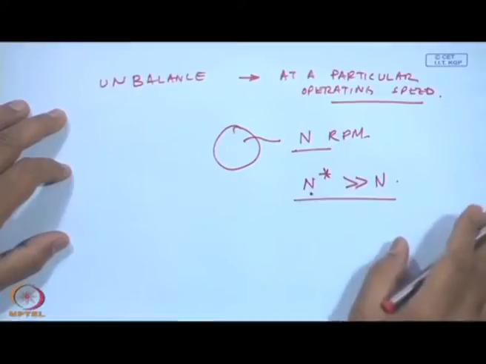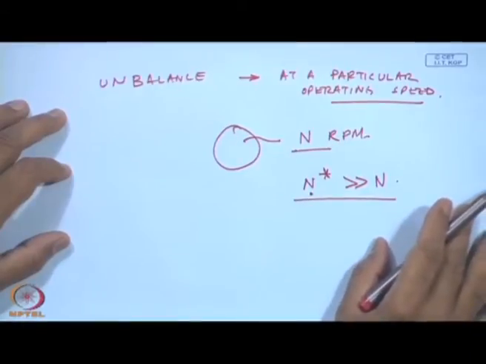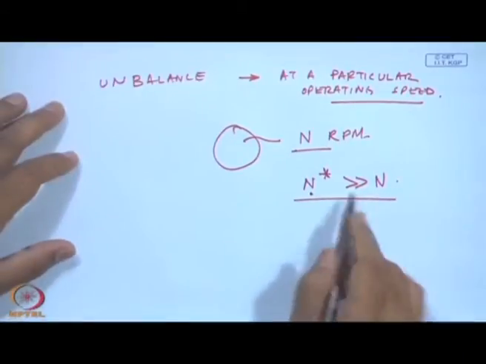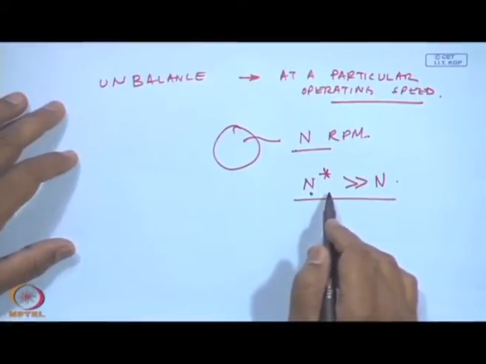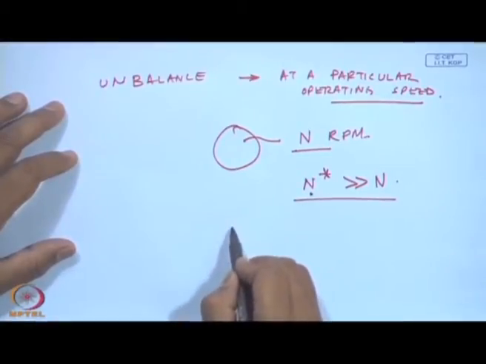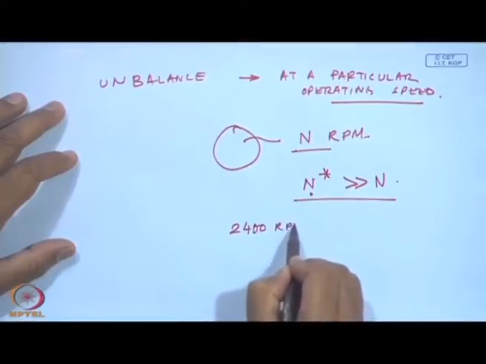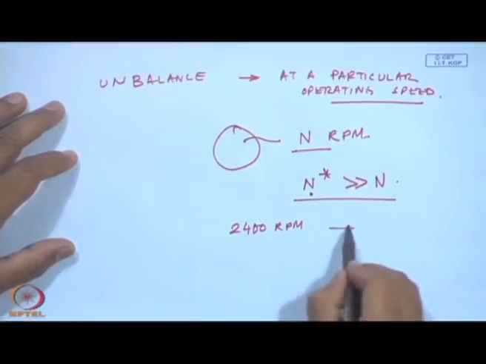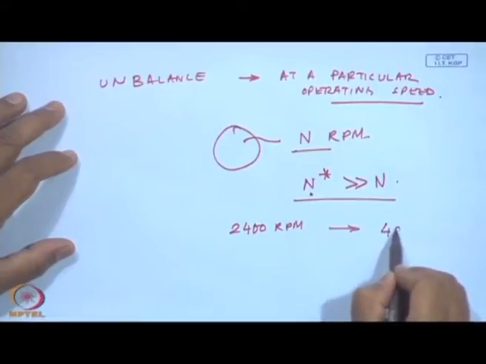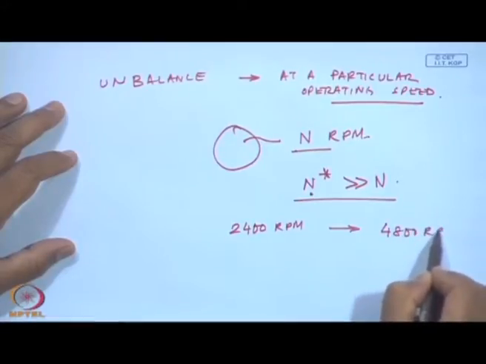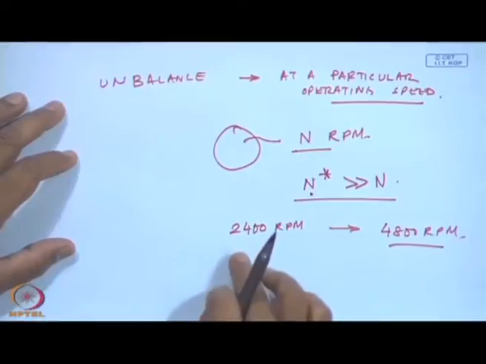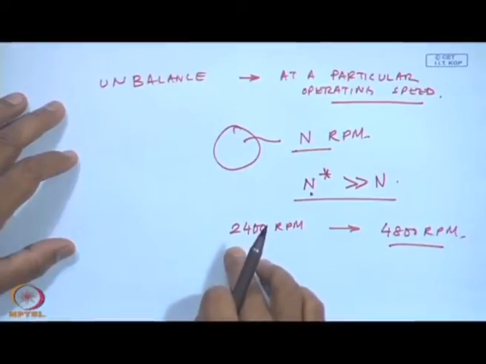So, it is always safe to balance a system at its operational speed. Otherwise, suppose I balance it at 2400 RPM and then try to operate it at 4800 RPM, I am magnifying the amount of residual unbalance which is there.